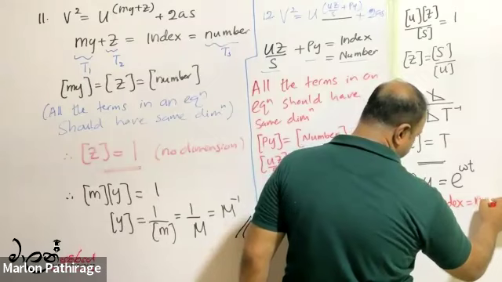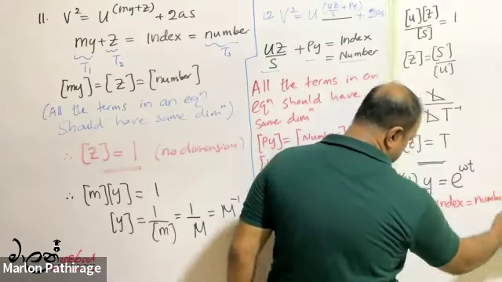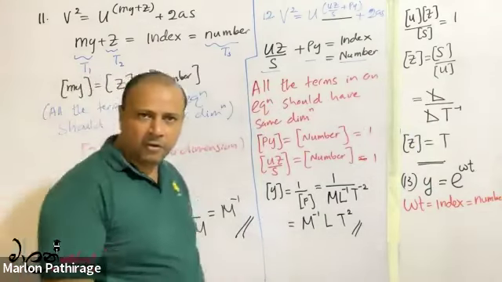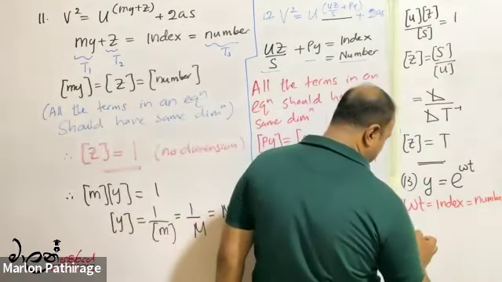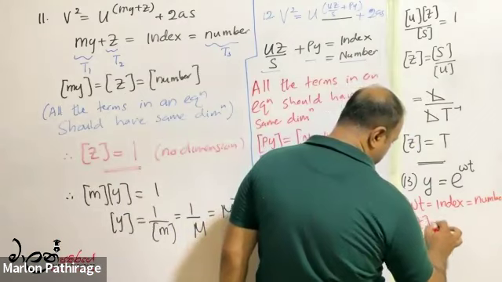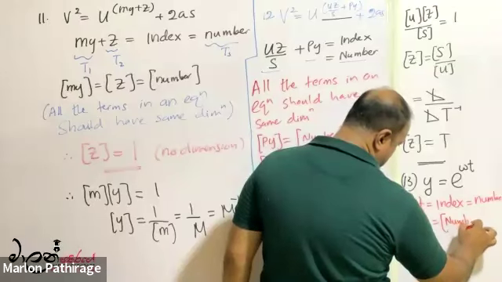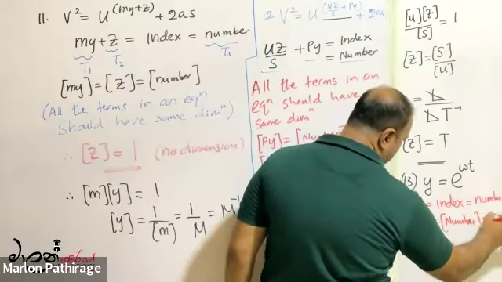Therefore, it is a number. Omega t is a number. Therefore, dimension of omega t is equal to dimension of a number, that means that is 1.